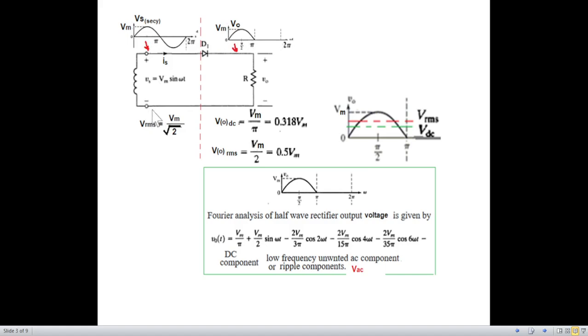The RMS value near the transformer, in the first part, will be Vm divided by root 2. But in the second part, VRMS has a different formula. It is Vm over 2, not Vm over root 2. Vm over 2, which is 0.5 Vm. And VDC, I hope you remember, is Vm over pi.